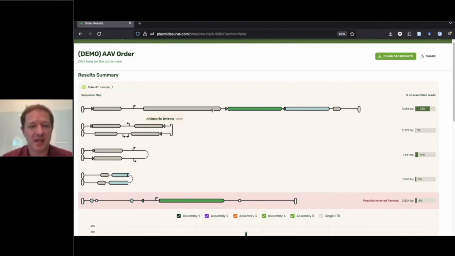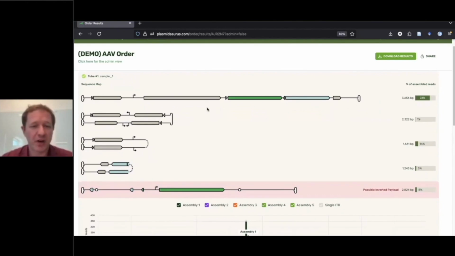This is a standard vector. It has GFP on it, nothing super fancy. What we'll also do is report a relative abundance for that genome so that you can see here on the side where we estimate, based on the number of reads, the relative abundance for the genome in the sample.